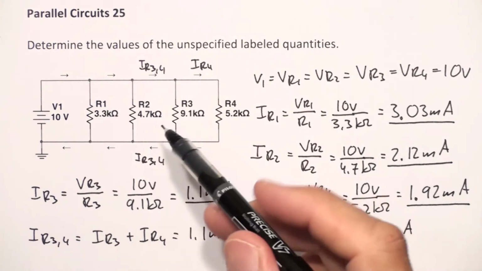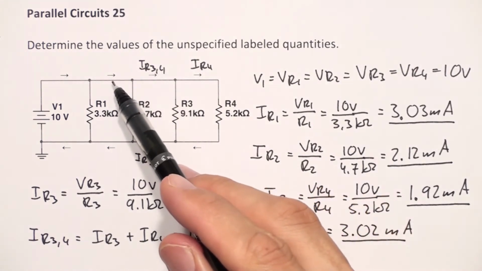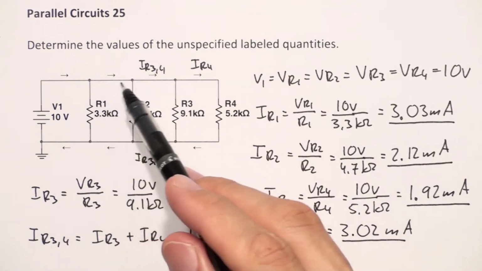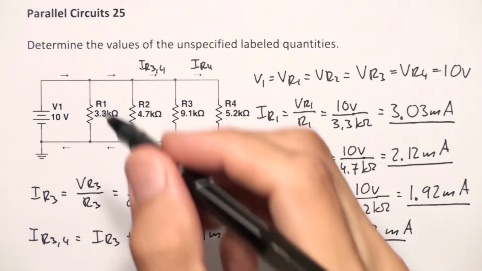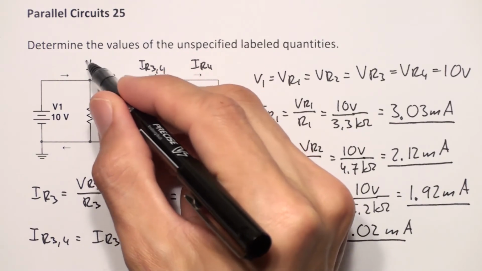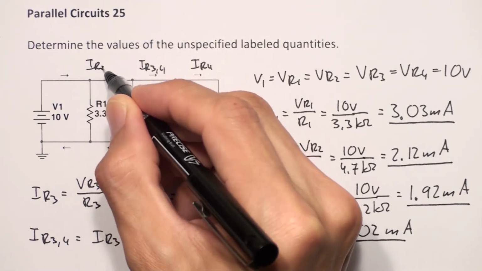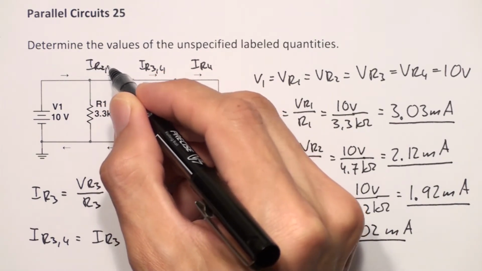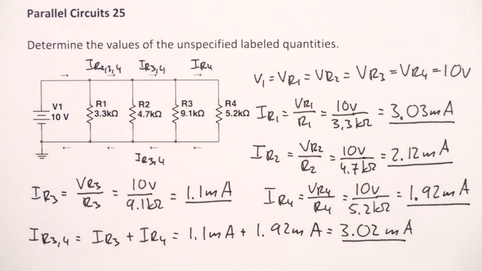Next we're supposed to find the current which goes through this junction. This is going to be current IR2 3 4. IR2 3 4 is equal to IR2 plus IR3 4.